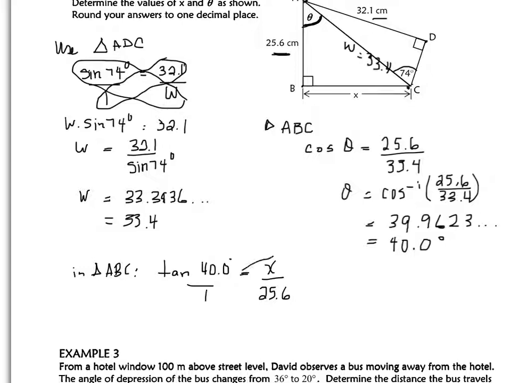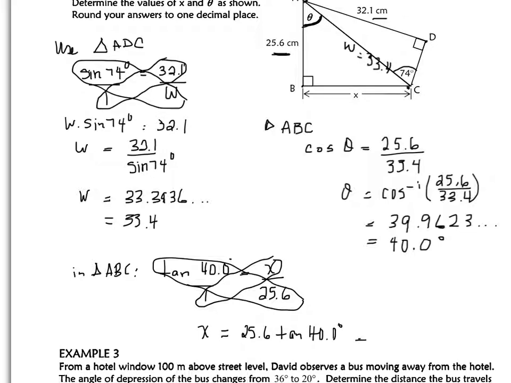And then if we cross multiply that, we have x equals 25.6 times the tan of 40, which is going to be approximately 21.4809, and so on. So that would be, to the nearest tenth, 21.5 centimeters.